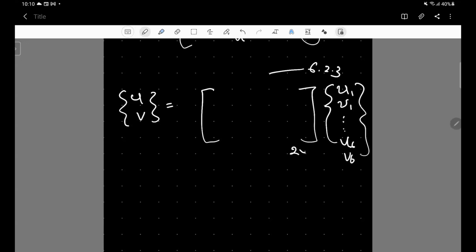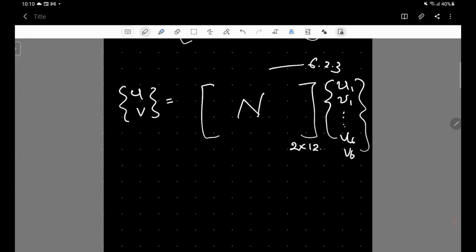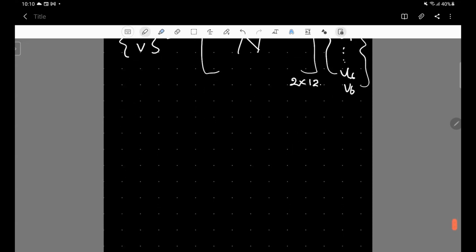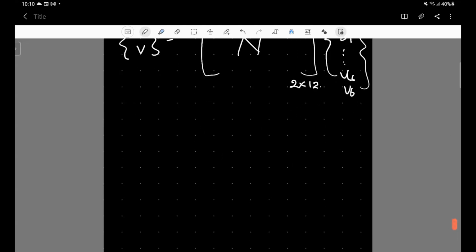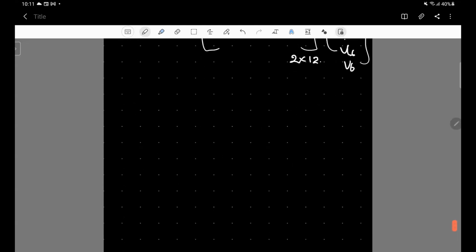It's a 2 by 12 matrix, which describes the shape function. So how the shape functions are obtained is by simply collecting the coefficients and multiplying, let's say, before that I will write down the shape function so that it will be clear.